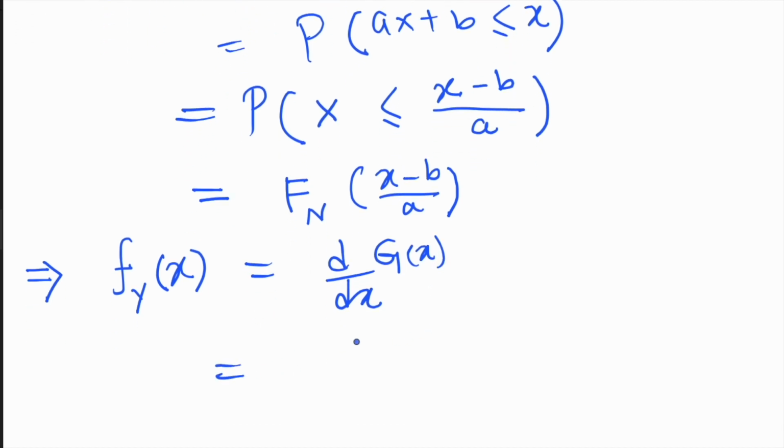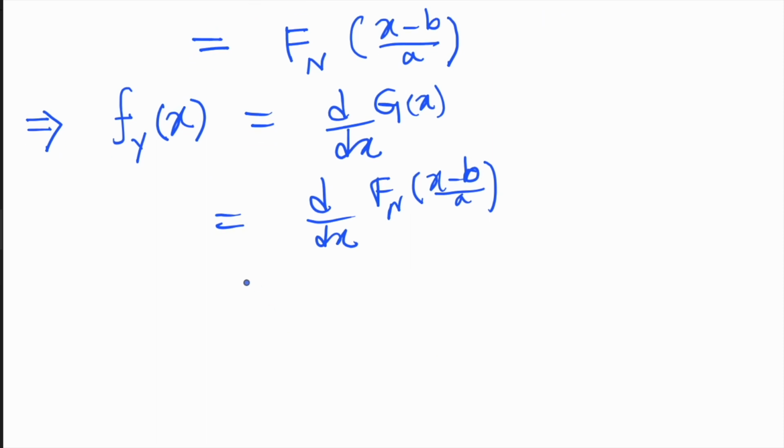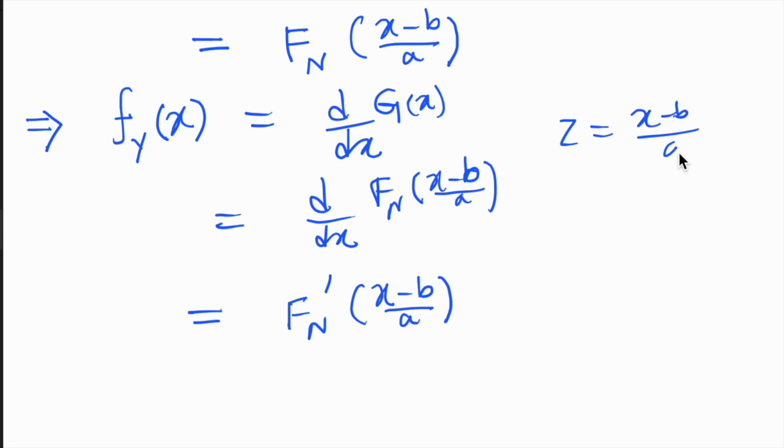So this is d/dx of F_n of (x minus b) by a, so this is f_n prime of (x minus b) by a. Suppose z equal to (x minus b) by a.